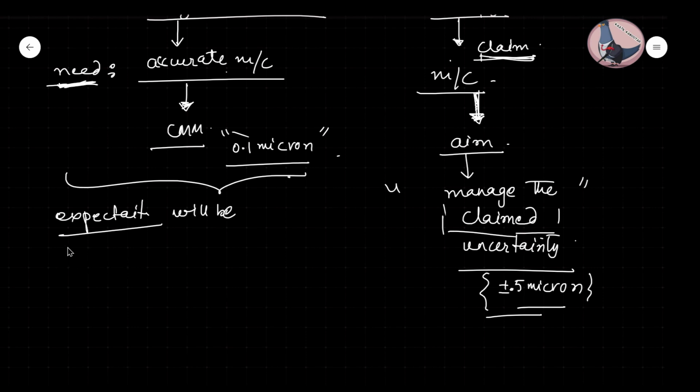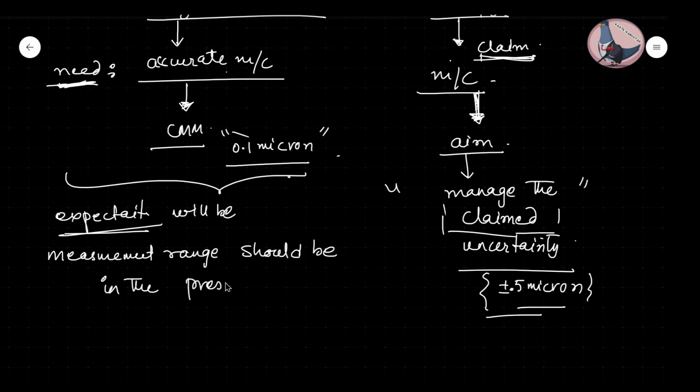The measurement range should be in the prescribed zone. Suppose he takes the worst case scenario: if I am giving him 1 meter and his machine is giving me 1 meter plus or minus 0.5 micron, then whatever my need, it should be well within this.